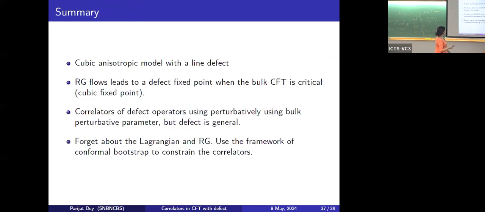Now let me summarize. We have studied this cubic anisotropic model with relevant deformation, and we have used two methods. The first one is a Lagrangian based approach where we study the renormalization group flow, and we have shown that there exists a non-trivial fixed point when the bulk is at the cubic symmetric fixed point, but throughout this we have assumed that the defect is general. So we keep all the defect insertion terms at any given order in the bulk coupling.